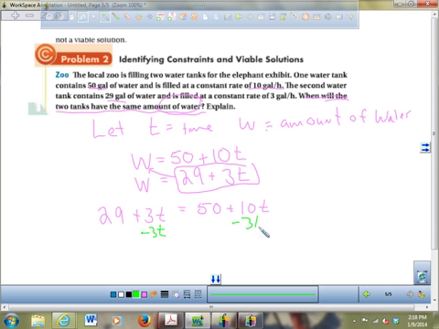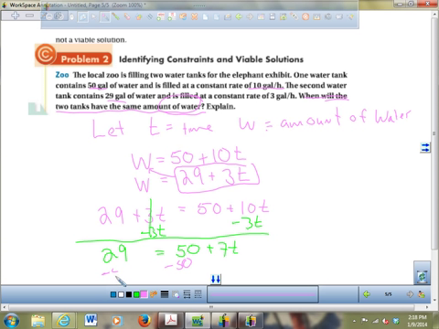Minus 3t, and I get 29 equals, this goes away, 50 plus 7t. And you minus the 50 from both sides.